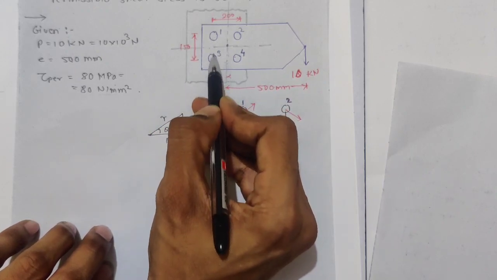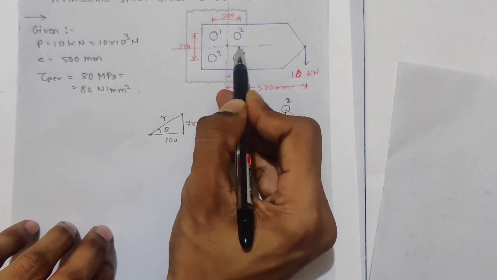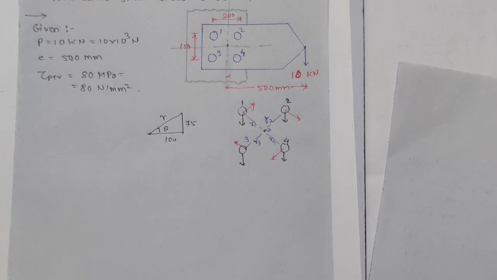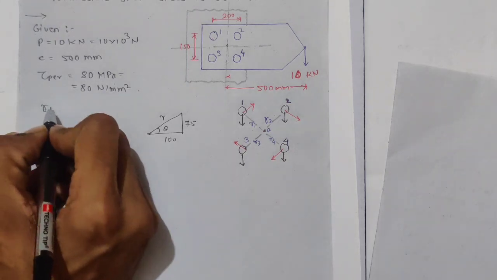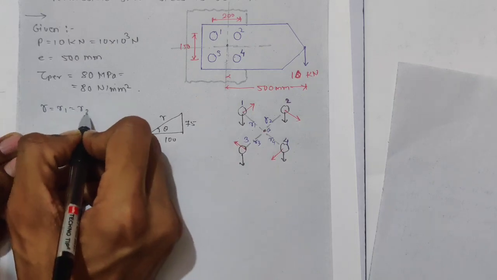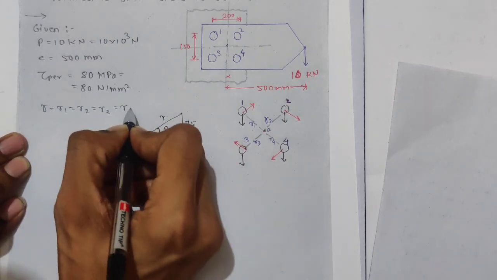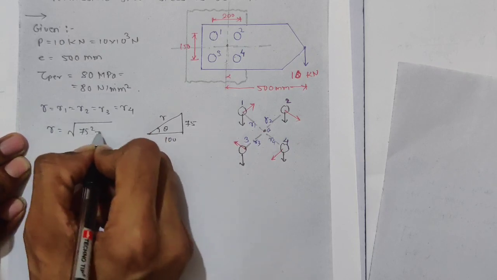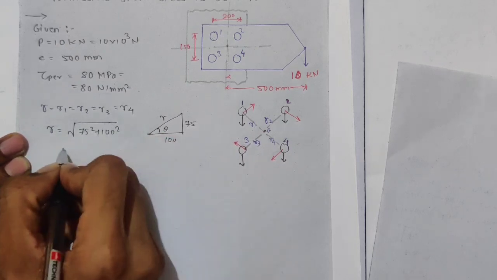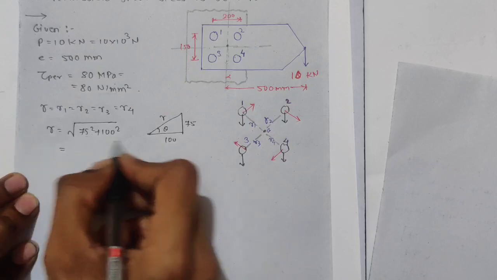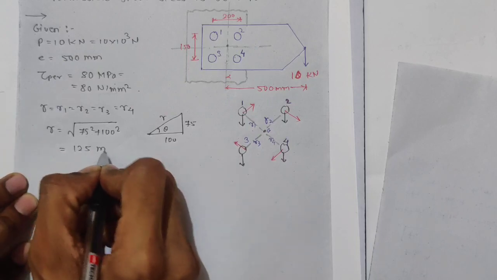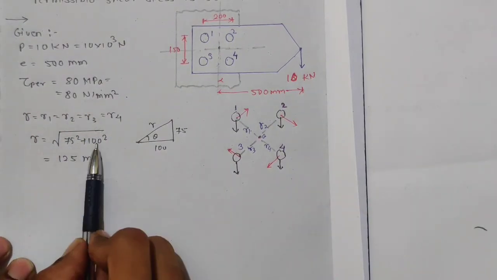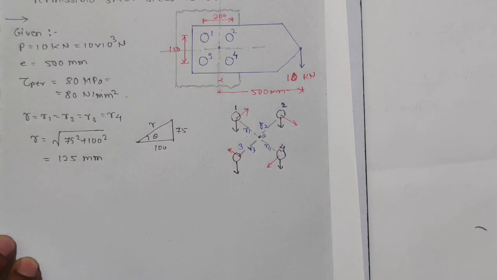Here also it is 75 and 100. So R is equal to R1 is equal to R2 is equal to R3 is equal to R4, and R is equal to under root of 75 square plus 100 square. If you calculate, you will get 125 mm. So we have used Pythagoras theorem over here to find R. Now we know R.